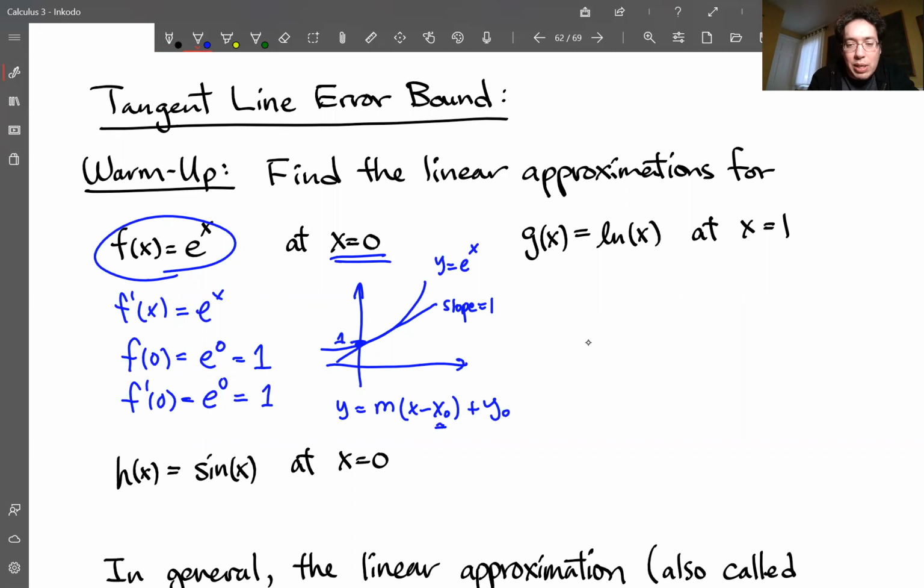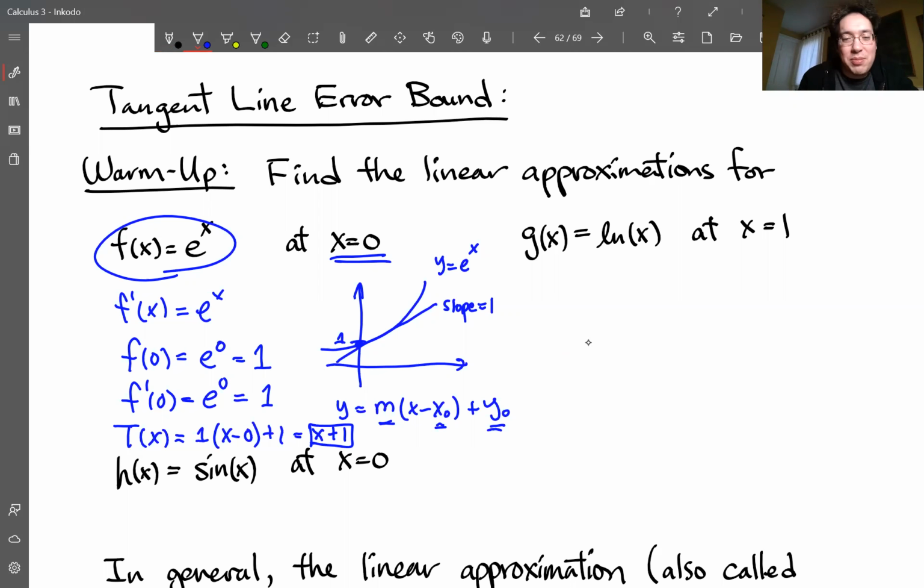If I pass through the point x naught, y naught, and the slope is m, then the equation of a line is given by that. So my tangent line has slope 1, times x minus the x coordinate where it's tangent to, which is 0, plus the y value, which is 1. So I guess x plus 1. It got a little cramped there. So that's a tangent line at 0.